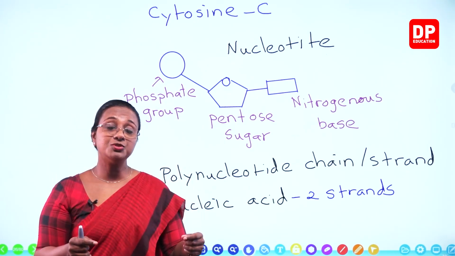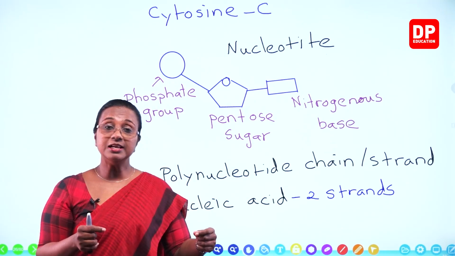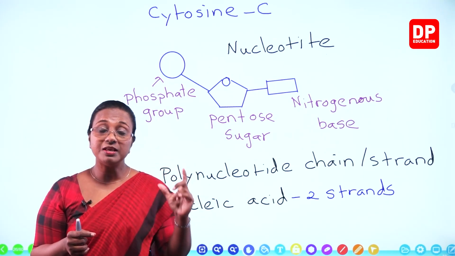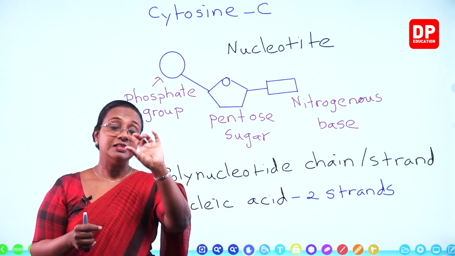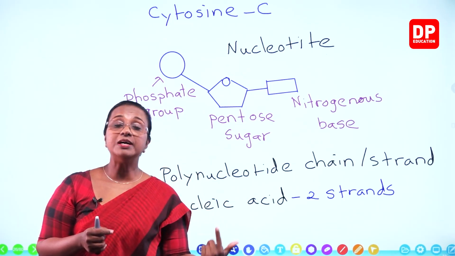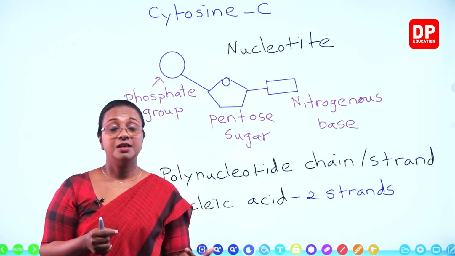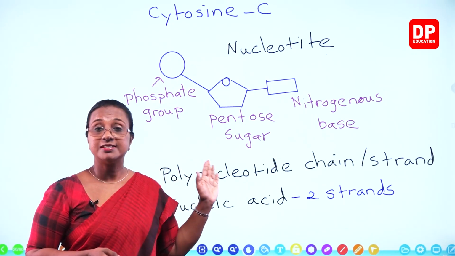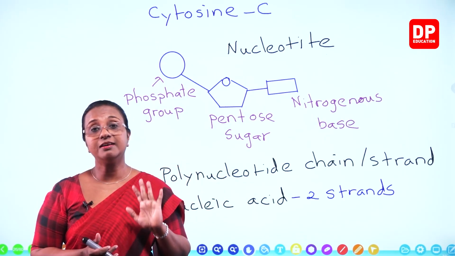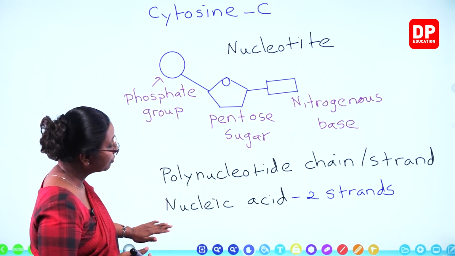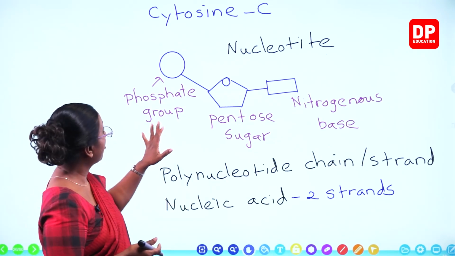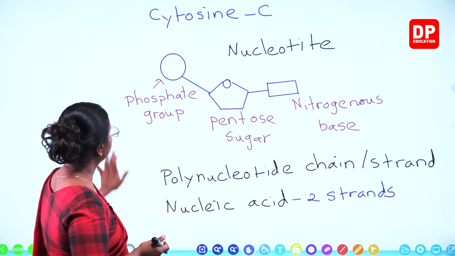So you have 2 strands combined together, and like a pair of ribbons being rotated, these strands also form a helix structure. That is the structure discovered by Watson and Crick. So these are all what you have learned before. You are familiar with the components.